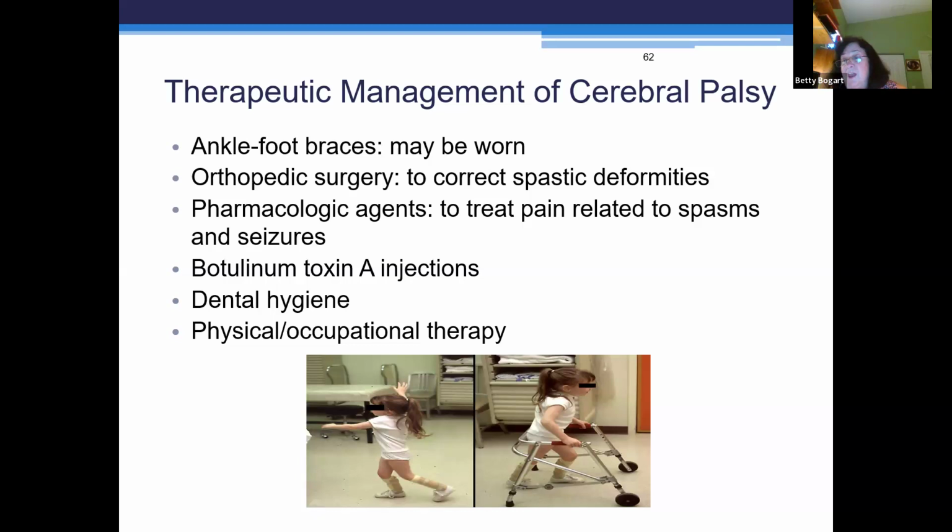Botox is used a lot in muscles that are super tight. Because many of these children are prone to epilepsy, they're going to be on anti-seizure medications. What's the big thing about phenytoin, Dilantin? It causes gingival hyperplasia, right? So good dental care is very, very important.